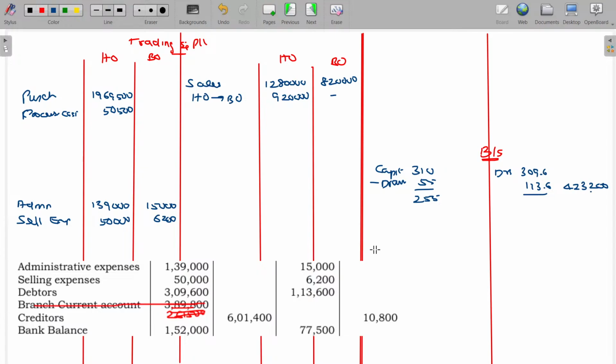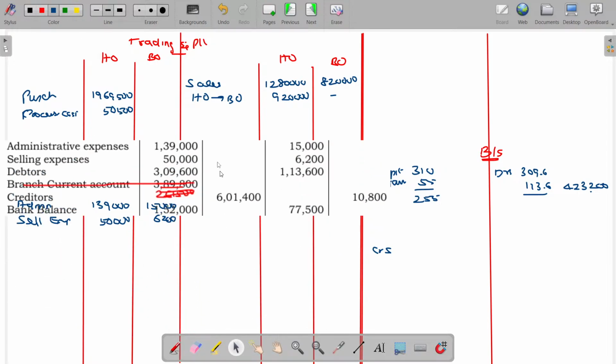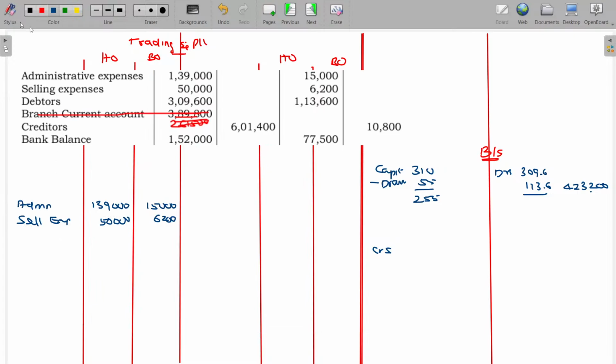Creditors, the value being 6 lakhs 1,400. Okay, only one item. Bank balance 152 and 77.5, 2 lakhs 29,500.